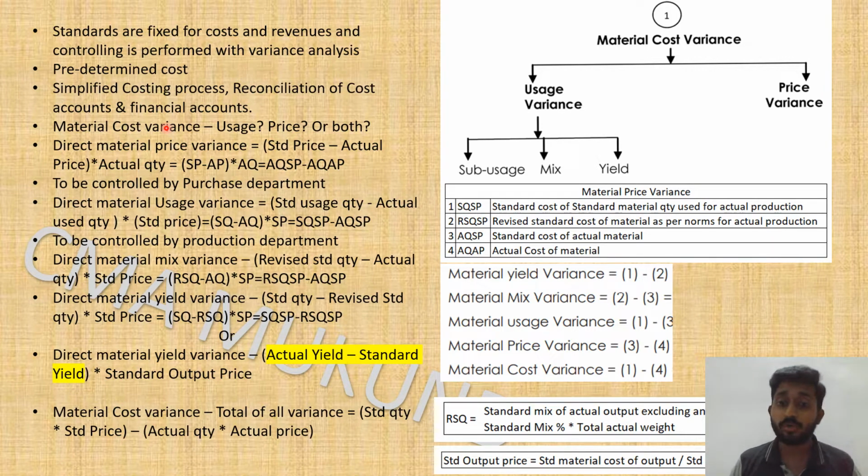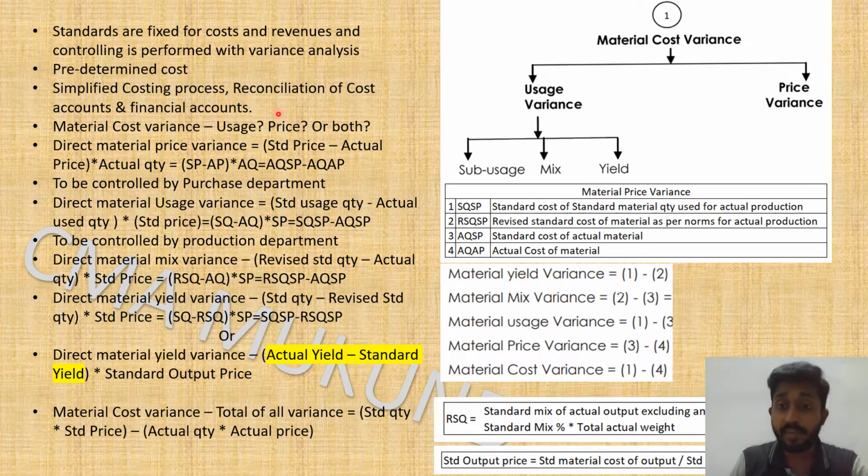So the cost account is saying 900, the financial account is saying 1,000 rupees as your total expenses as per P&L. So the gap of 100, what is it? That is the variance, and you can control it through the variance. And reconciliation is also a lot easier.